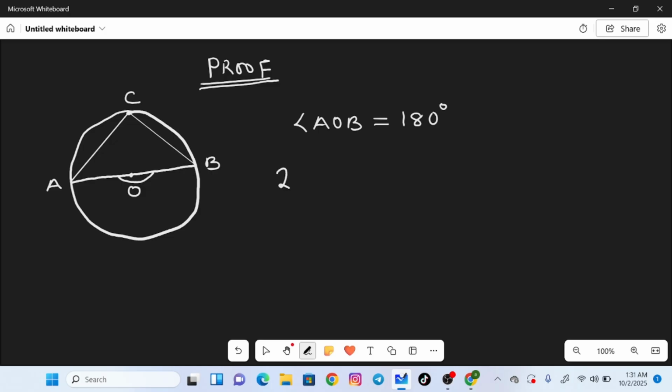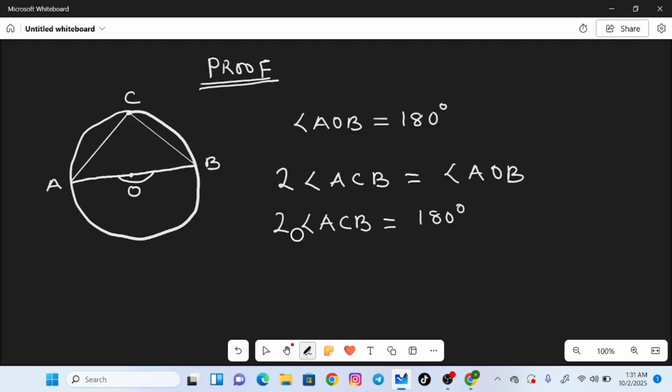So we can say 2 angle ACB equals angle AOB. But our angle AOB equals 180 degrees. Let us substitute 180 degrees into this equation. 2 angle ACB equals 180 degrees.